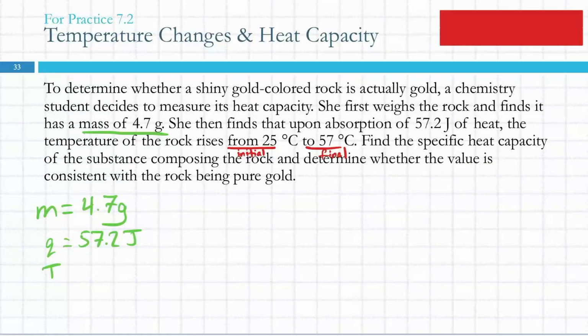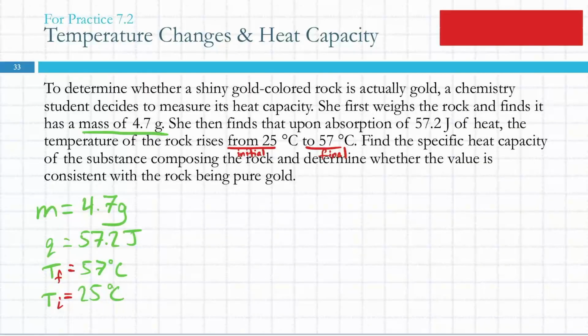So T sub F is 57, and T sub I equals 25 degrees Celsius.